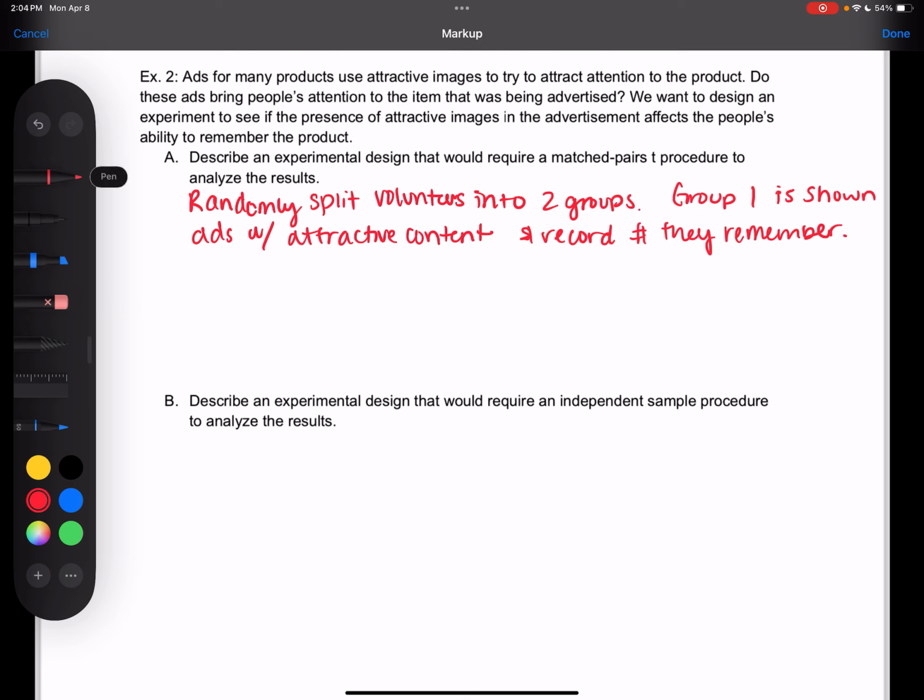Hold on. After group 1 does that, then show ads without attractive content and see how many they remember.